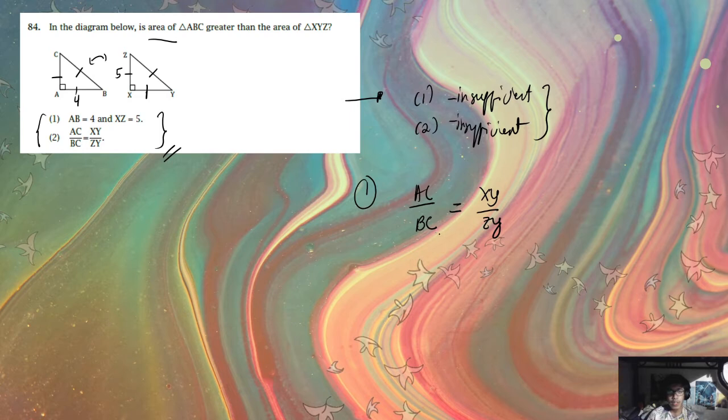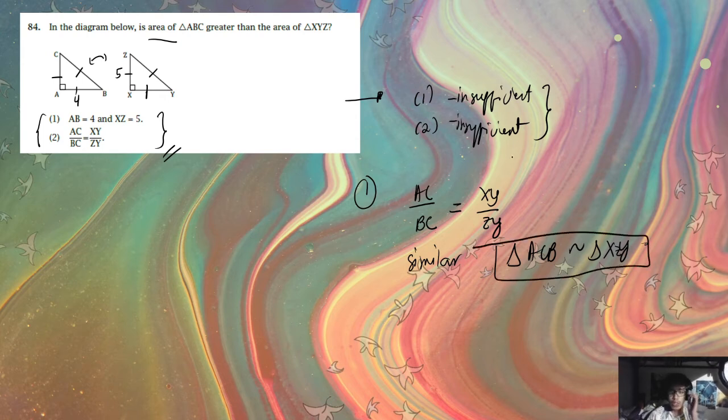Both BC and ZY are hypotenuses of these triangles, and AC and XY are side measurements on the same triangles. Since they are both right triangles, they can be similar to each other. So we can say that triangle ACB is similar to triangle XYZ, or XZY. Okay, so they're similar to each other.